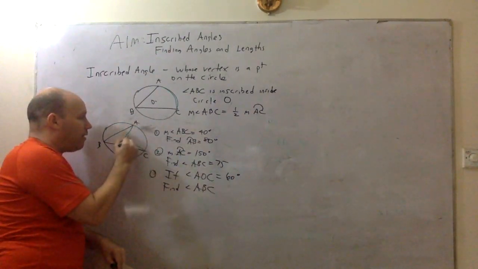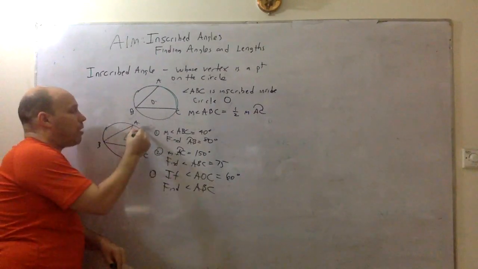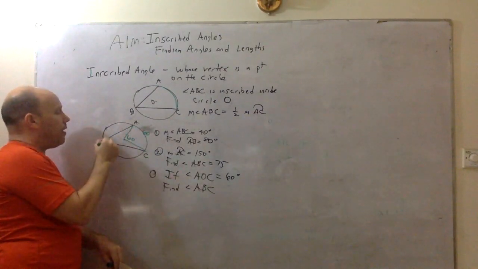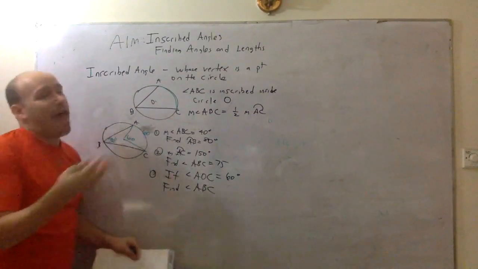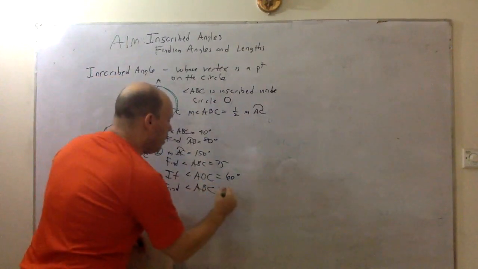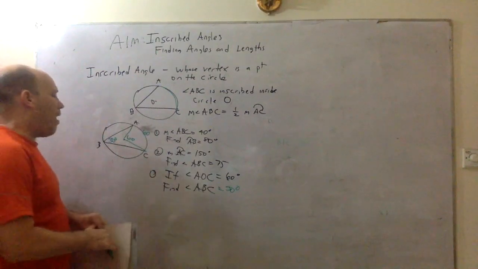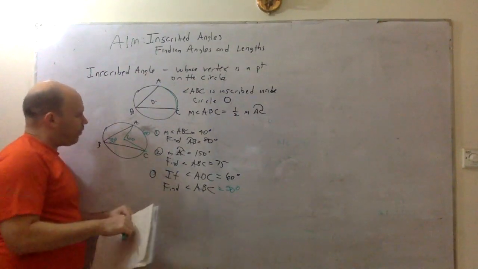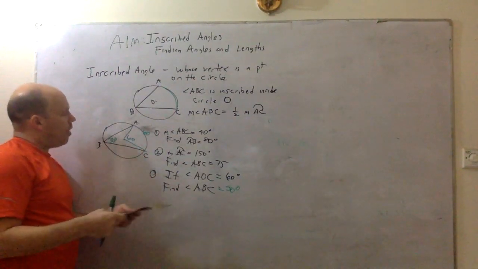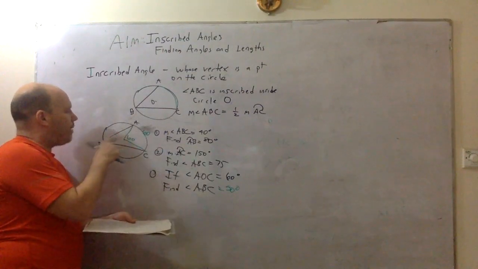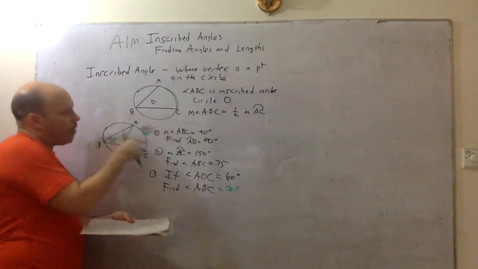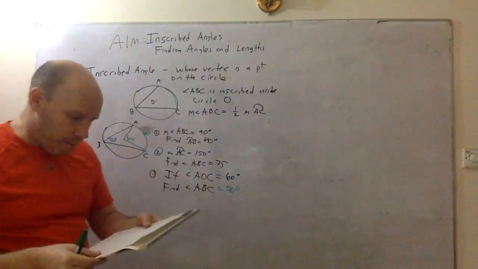If the central angle is 60, the intercepted arc is 60, and therefore the inscribed angle is half of that, so it's 30. Fun little things. And maybe that might help you figure out the relationship between the inscribed angle and the arc. We're not going to talk about that.